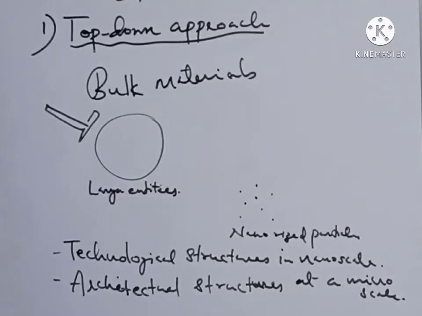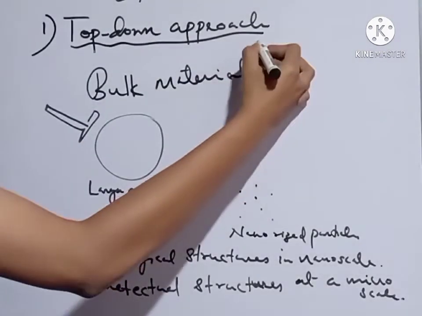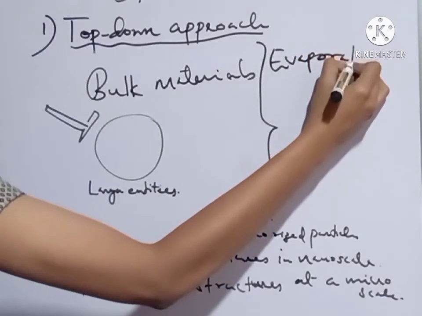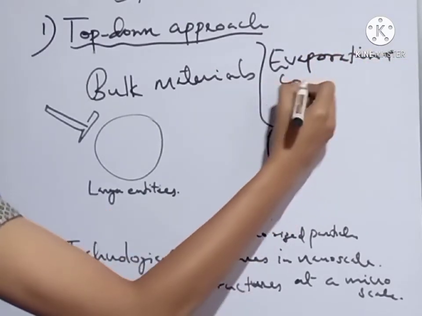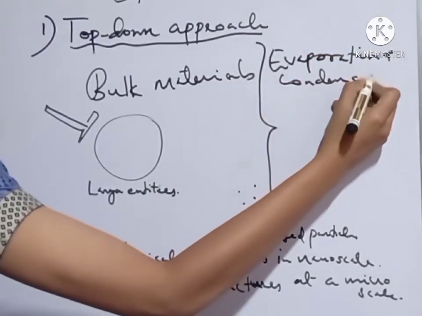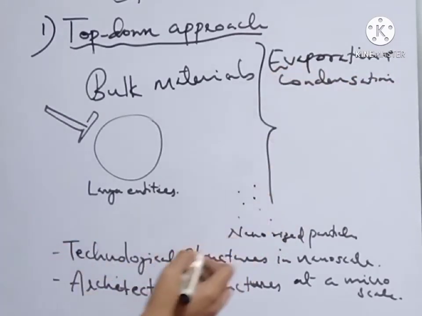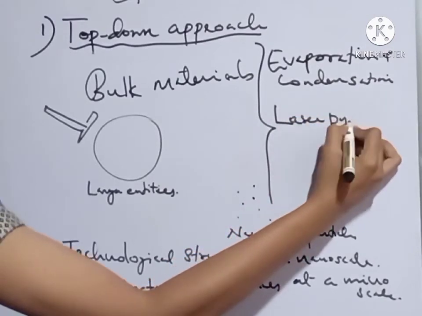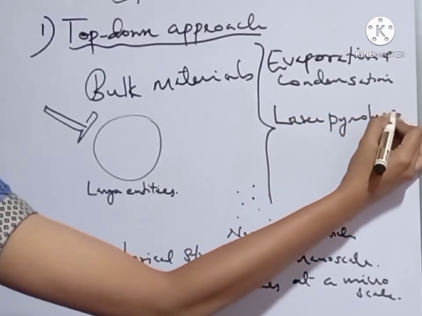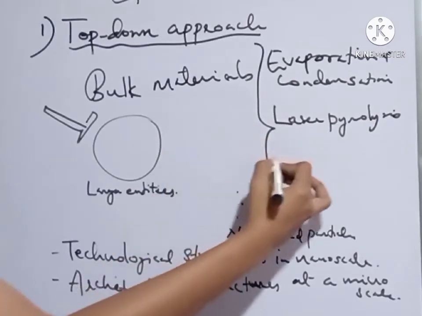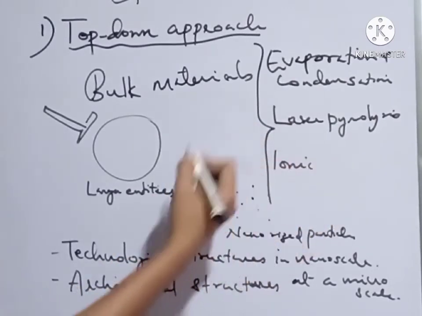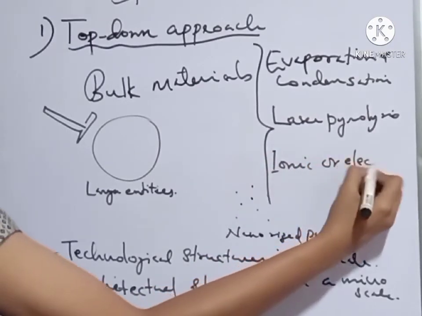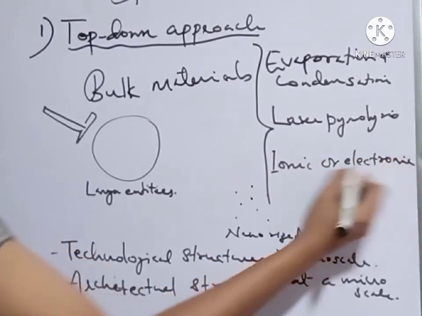The top-down method is conducted by using processes like evaporation and condensation, then laser pyrolysis, and ionic or electronic irradiations.